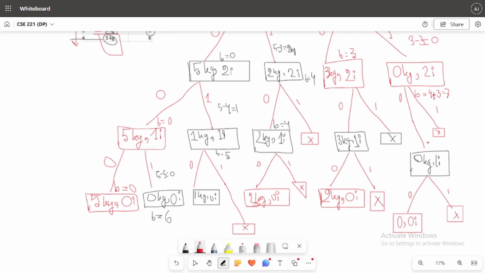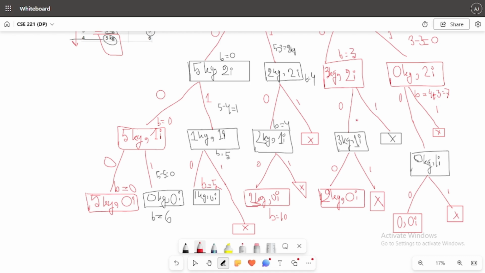Okay, we forgot to put benefits, right? So let's write the benefits here. The previous benefit was 5, so it will be b equal to 5. And for this one, previously the benefit was 4, now 6 plus 4 is 10, right? So the benefit will be 10.